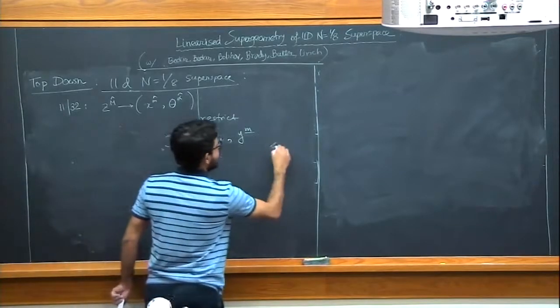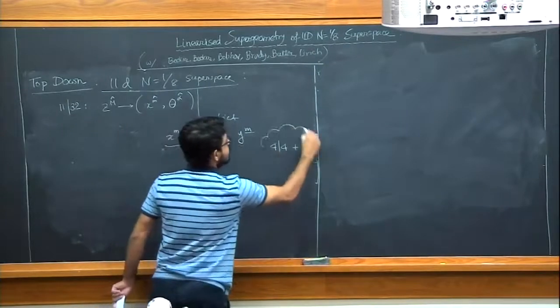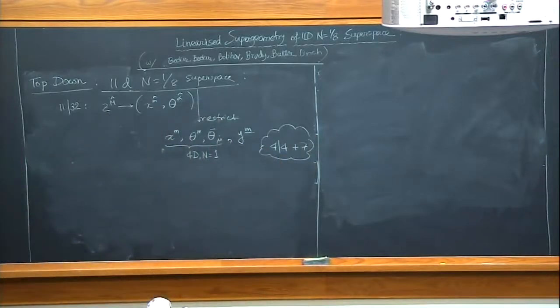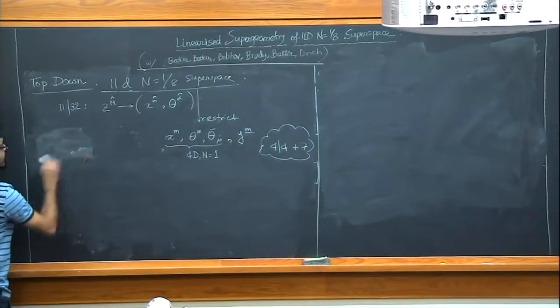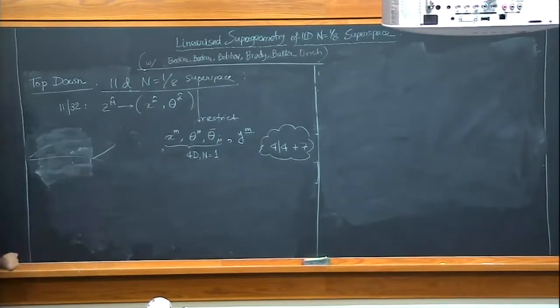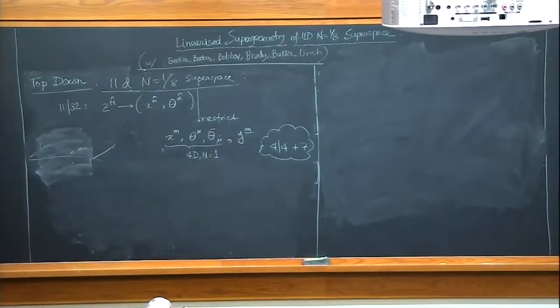So essentially what we have is 4|4 plus a 7. So this is the superspace that we are truncating to, right? So what we are doing essentially is that in this entire 11D space-time, we are picking out a subspace where 28 of the 32 fermionic coordinates are set to 0.